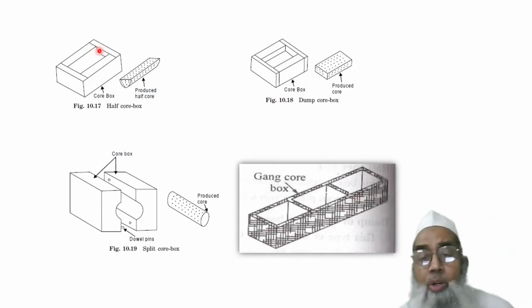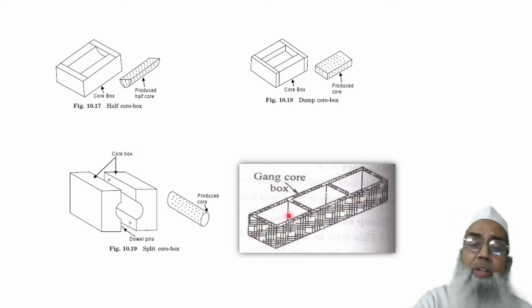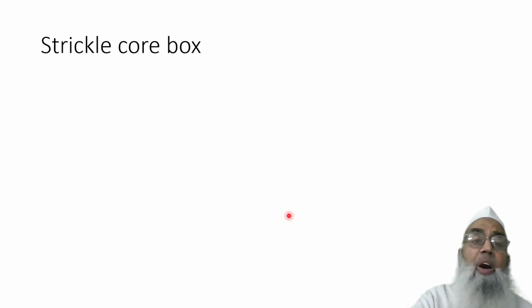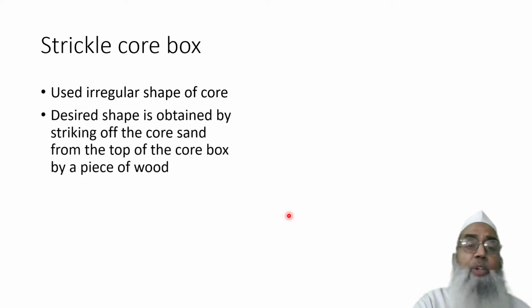Or in one box we have a number of spaces to make a number of cores, therefore this type is known as a gang core box, or a stickle core box when the shape is irregular.